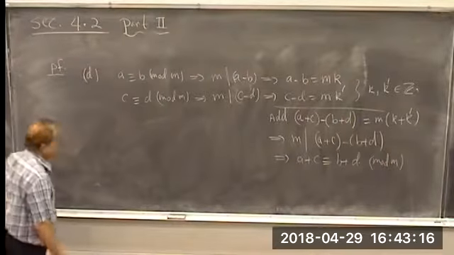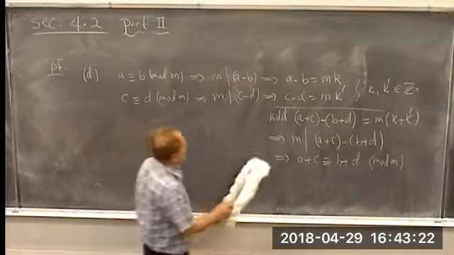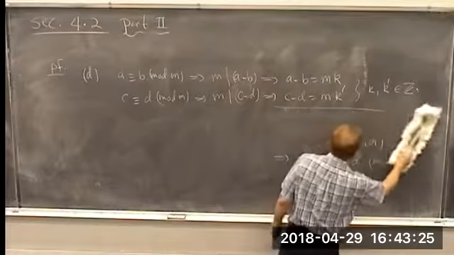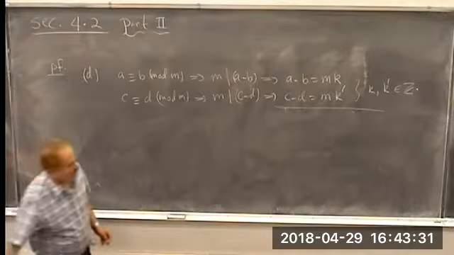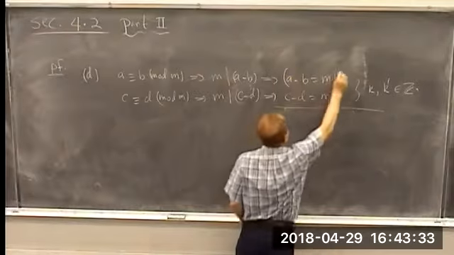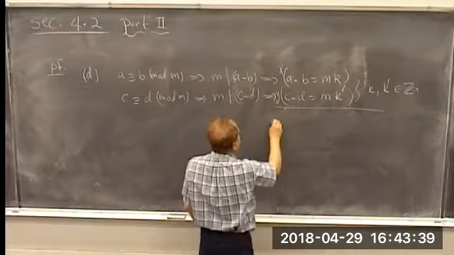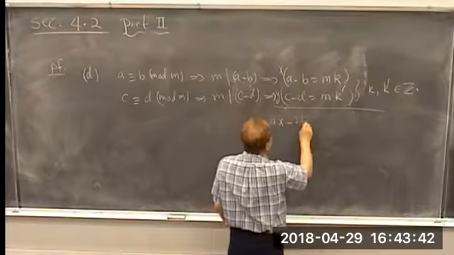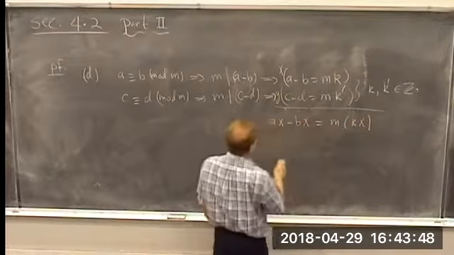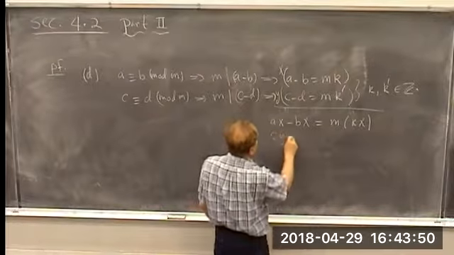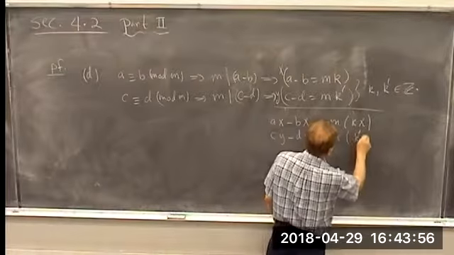The more general case also follows from this. I'm going to multiply the first equation by x and the second equation by y. So if I multiply this by x and this by y, we get ax minus bx equals m times kx, and cy minus dy equals m times k prime y.